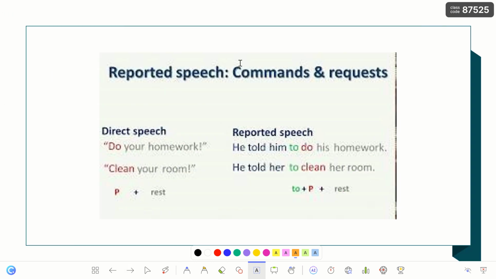Okay. So in commands, requests, orders, and advice again, it either starts with "Do your homework", "Clean your room", imperative, then the rest, reported speech, I add "to". "He told me to do my homework" or "to do his homework." "He told her to clean her room."